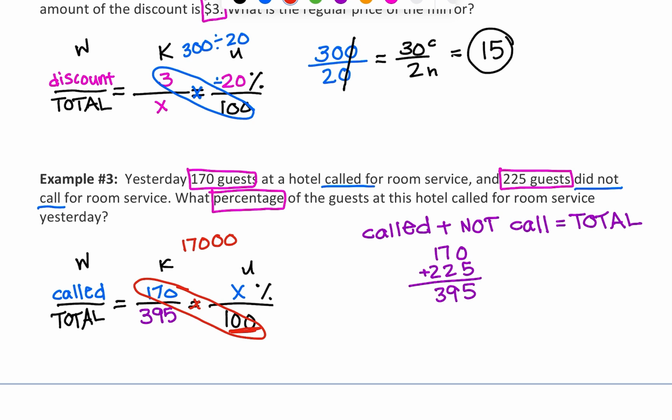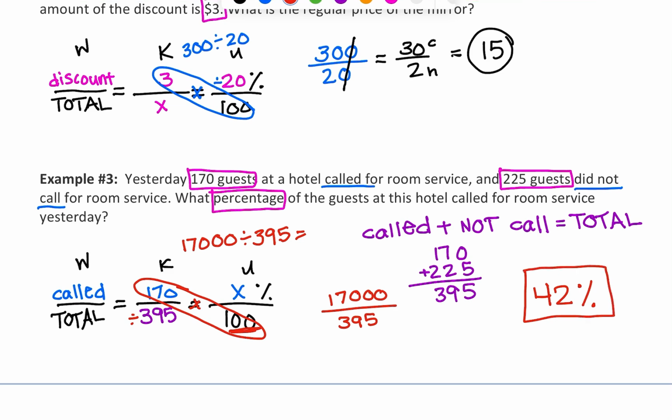And then the number that's left over is 395, and then I would divide by 395. Okay? And whatever that answer is going to be my percentage. And just for the sake of time, if I wanted to write this like a fraction, I cannot get rid of any zeros. So I went ahead and solved this for us, and it is 42%. And again, that's just for the sake of time. I went ahead and did that division for us.